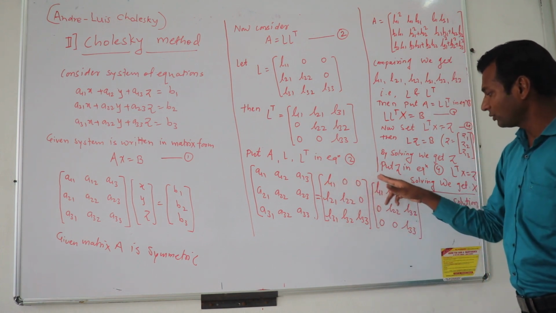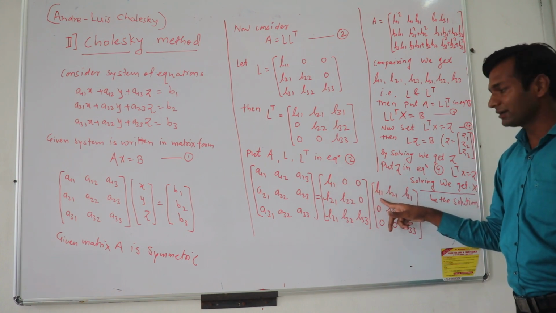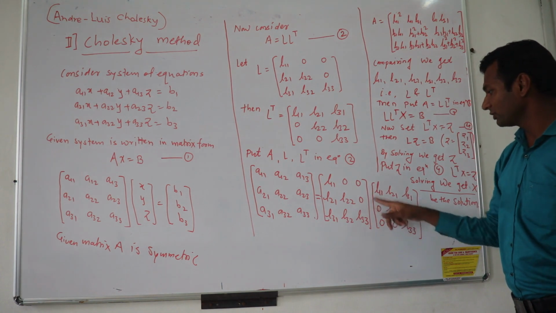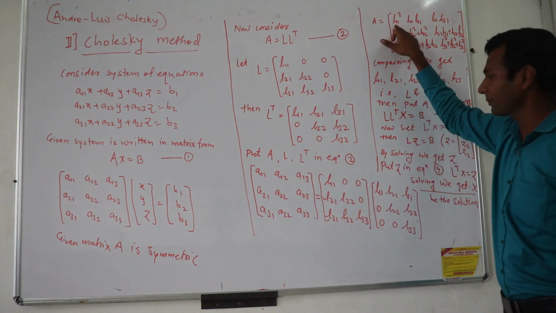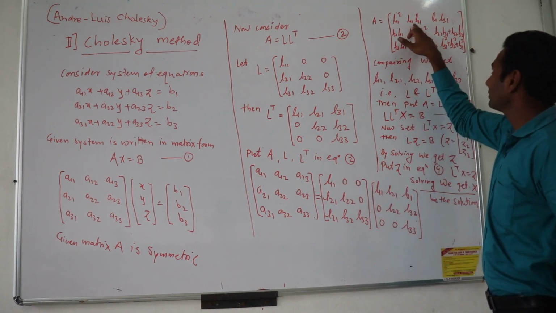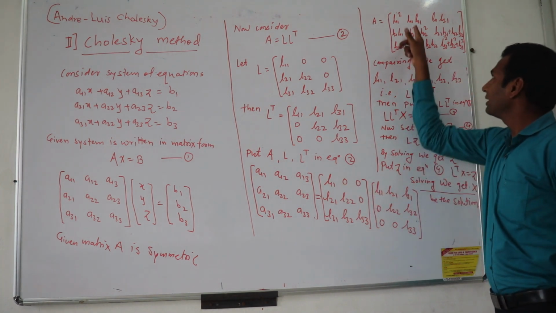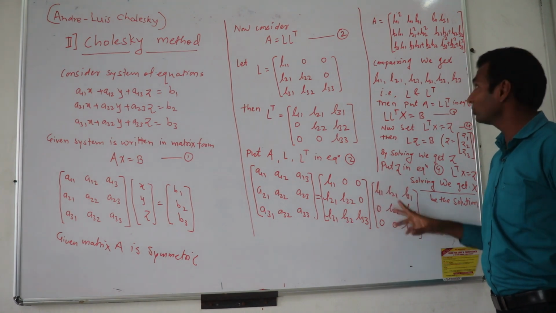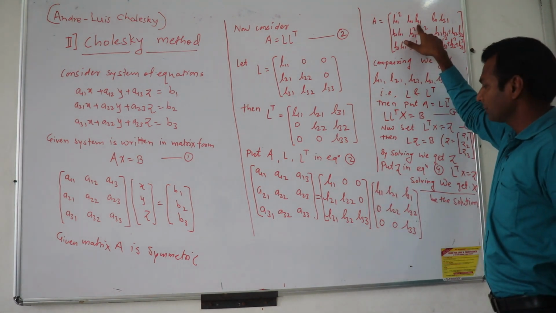The first row is multiplied by the first column, that is L11 into L11, which is L11 square, plus 0 into 0 is 0, 0 into 0 is 0, so we only get L11 square. Now first row, second column: L11 into L21, 0 into L22 becomes 0, plus 0 into 0 is 0, so only L11 L21 is the second element.